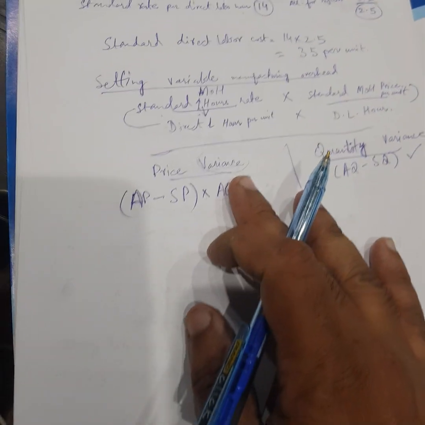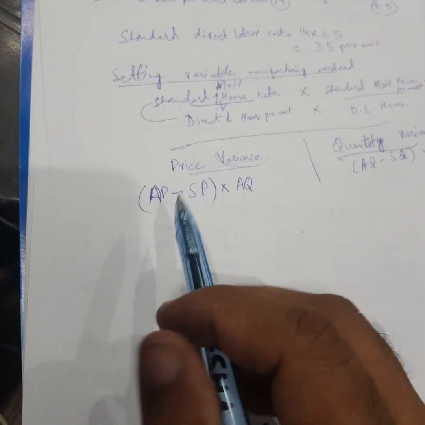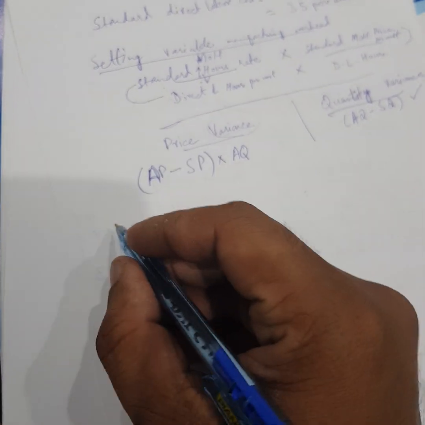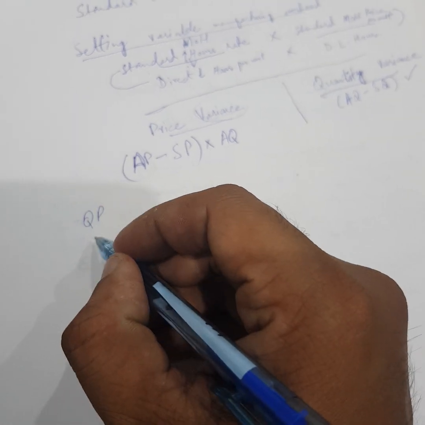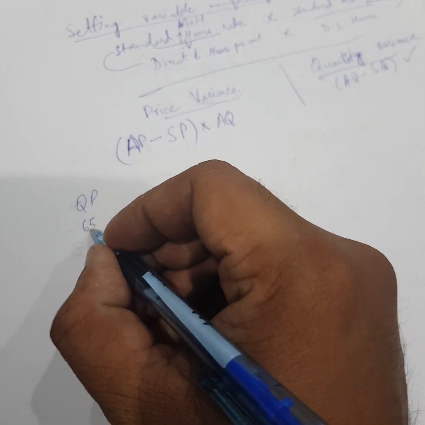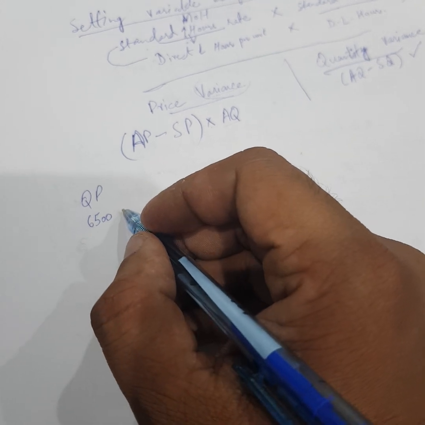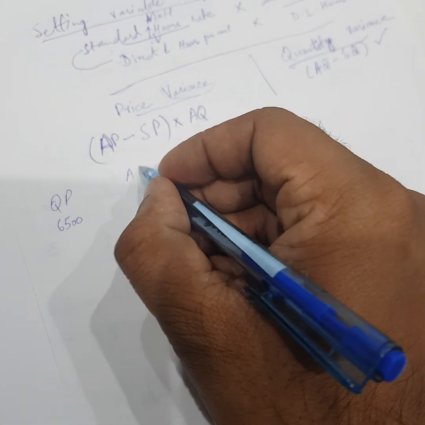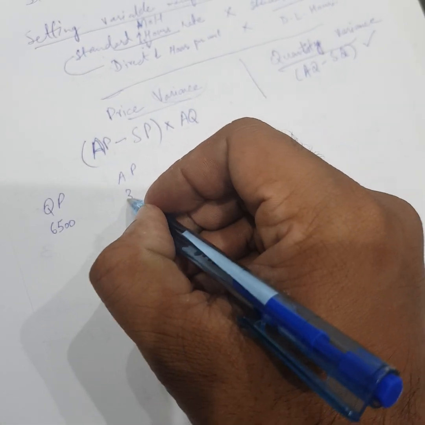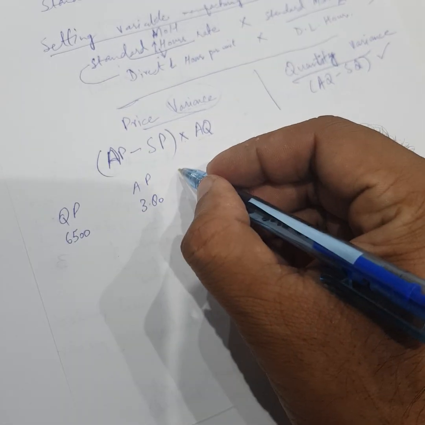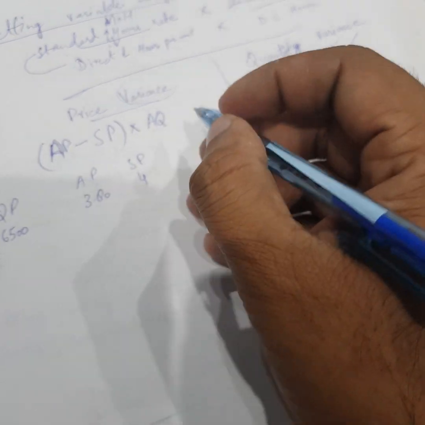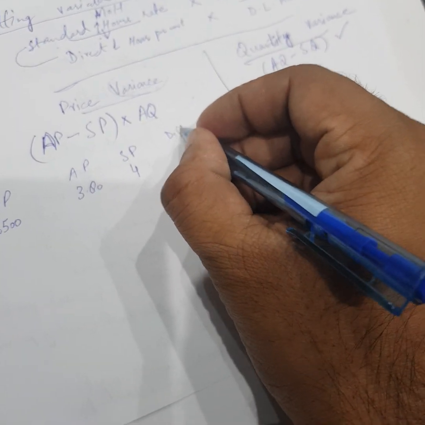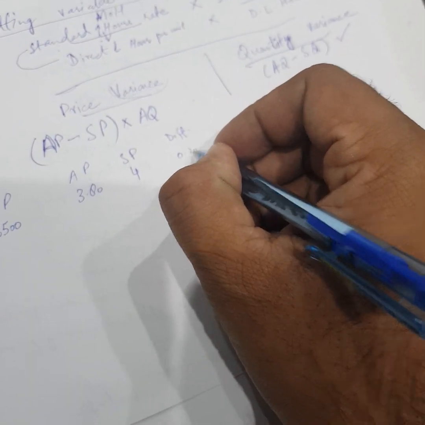To explain the concept of price variance, say the quantity purchased is 6500 pounds, 6500 units, its actual price is 3.80, and its standard price that we set was 4 rupees, so the difference is 0.20.